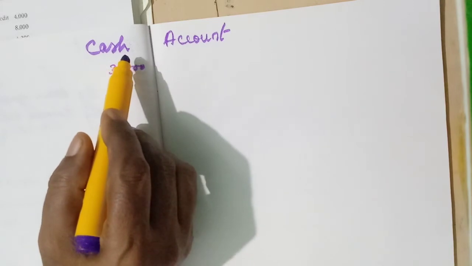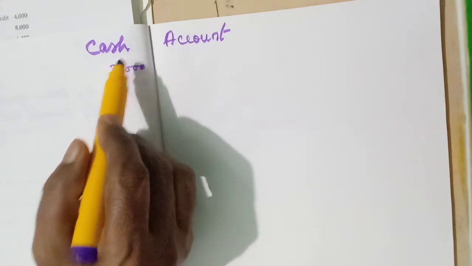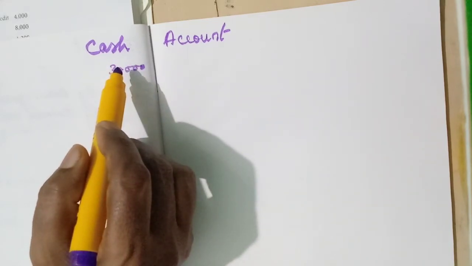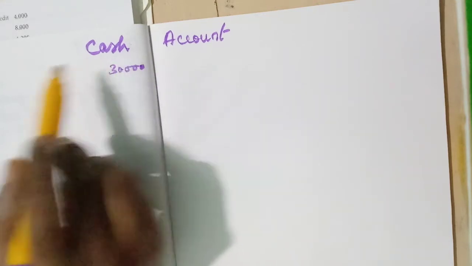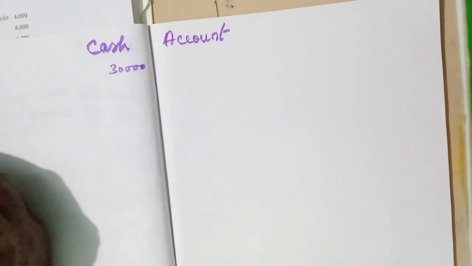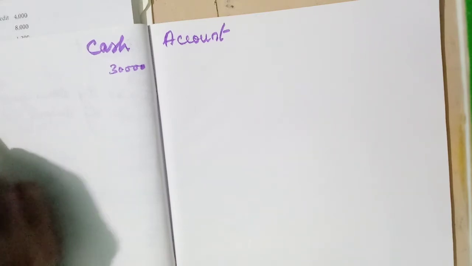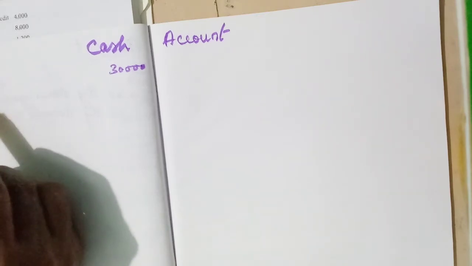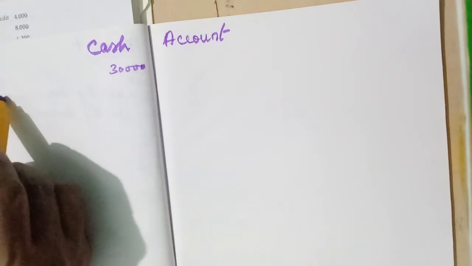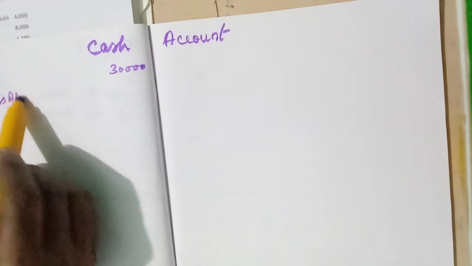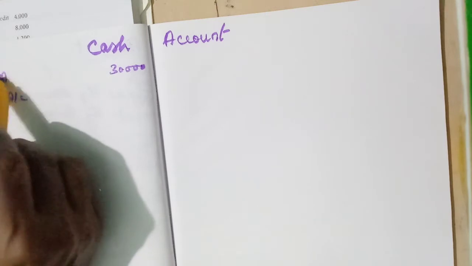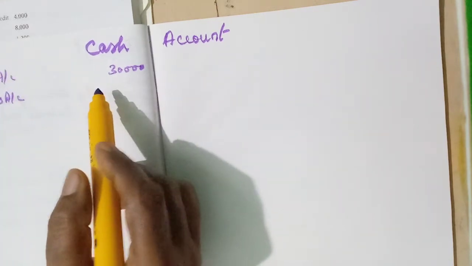Next one 14, no, but on 20 we receive cash. Cash account debtor to Gopi, 20. Gopi's account, your sales account, Gopi 12,000.